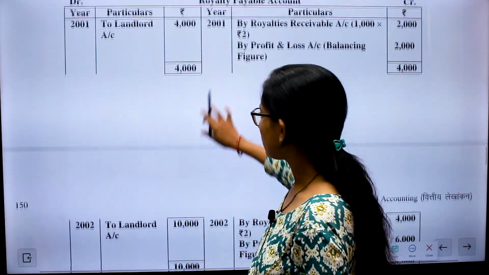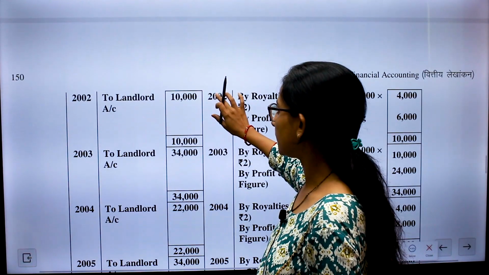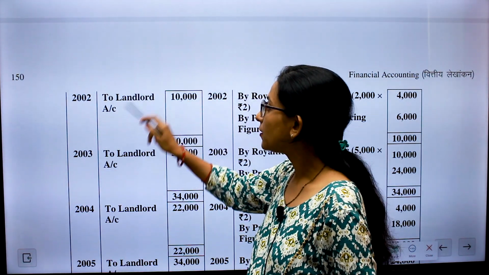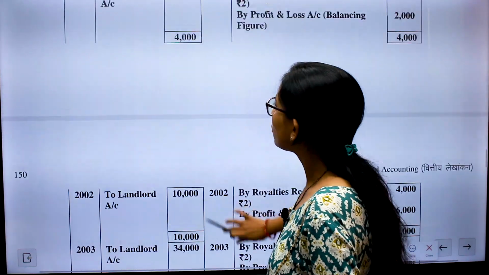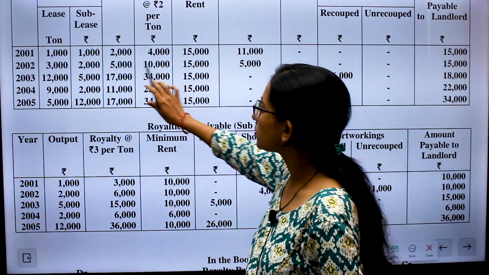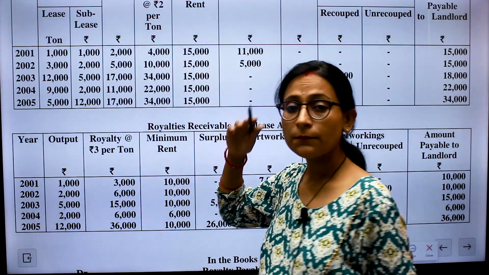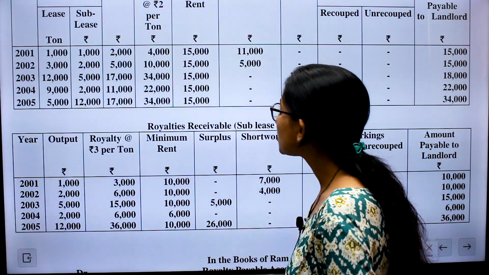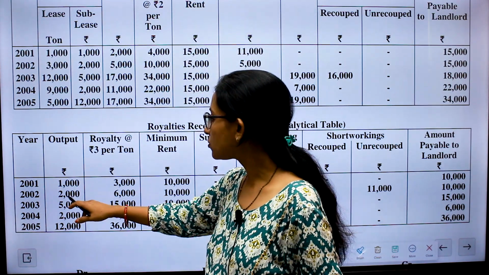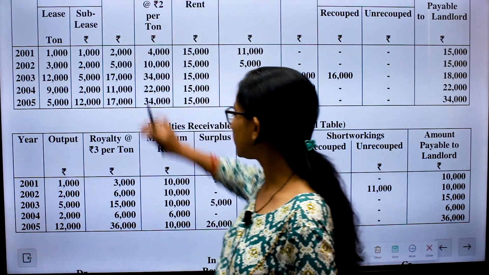Now the second year. Similarly, we will prepare it for the second year. In 2002, Ram will debit the landlord account with rupees 10,000 because he has to pay rupees 10,000 to the landlord in 2002. And how much is he receiving from Gopal? 2,000 tons at 2 per ton.